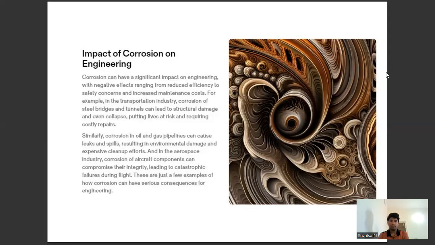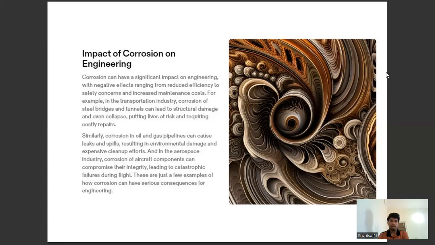Impact of corrosion on engineering. Corrosion can have a significant impact on engineering, with negative effects ranging from reduced efficiency to safety concerns and increased maintenance costs. For example, in the transportation industry, corrosion of steel bridges and tunnels can lead to structural damage and even collapse, putting lives at risk and requiring costly repairs.